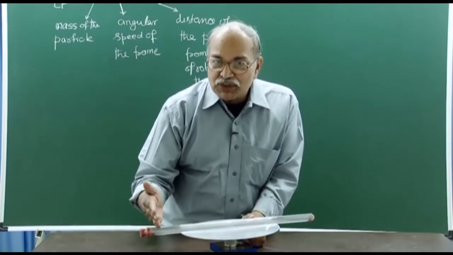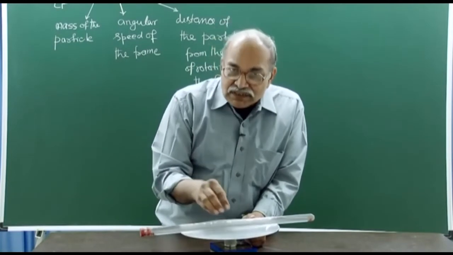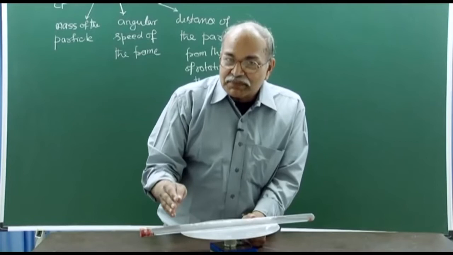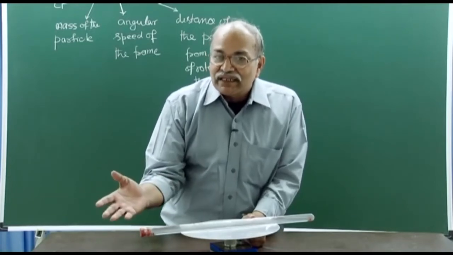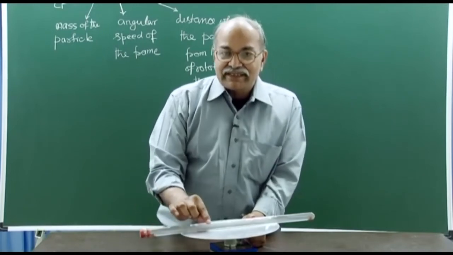The pressure on the right should be more, the pressure on the left should be less, or the pressure towards the center side should be smaller and the pressure on the edge side should be larger, so that you have a resultant force towards the center.